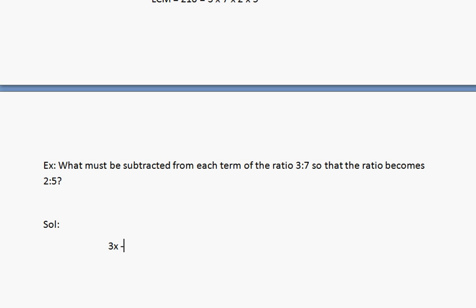This seems to be an incomplete question, right? No, it's a complete question. So let's say a is subtracted from the first term, and similarly a is subtracted from the second term, right? And this becomes 2:5, right?